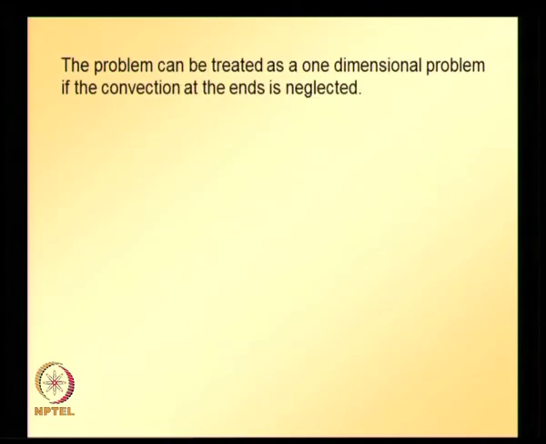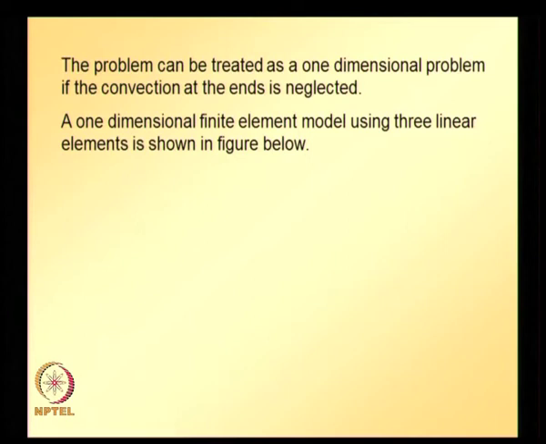And now, before we discretize, the problem can be treated as one dimensional problem if convection at the ends is neglected. So, this is one of the assumptions. So, once we treat it as one dimensional problem, a one dimensional finite element model using 3 linear elements is shown.